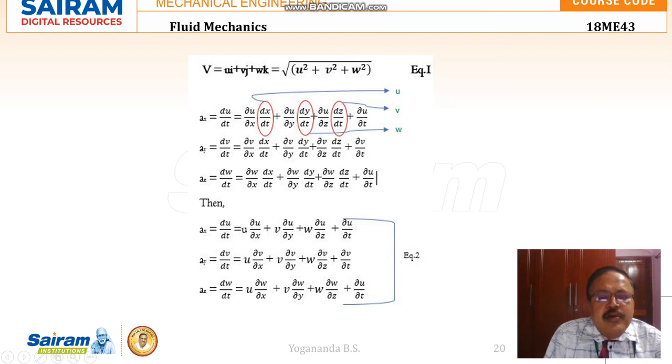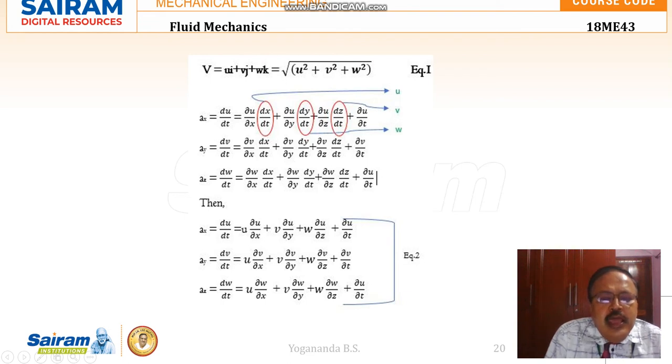Similarly, distance traveled by time taken in the y direction, dy by dt, is the velocity component v, and dz by dt is the velocity component in the z direction, that is w.